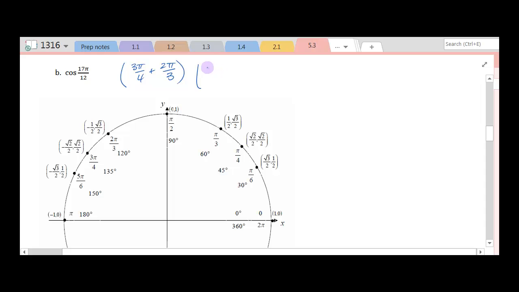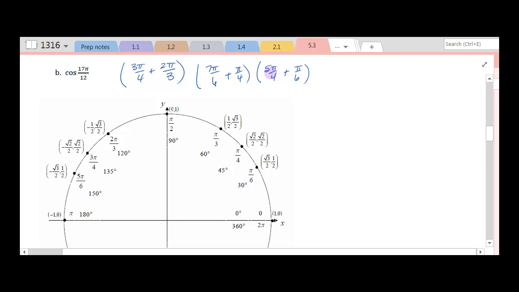Maybe you found 7 pi over 6 plus pi over 4, or possibly you found 5 pi over 4 plus pi over 6. Now there's more than just these three that could potentially add to give me 17 pi over 12, but these are typically the first three that come up whenever I'm going over this lesson.